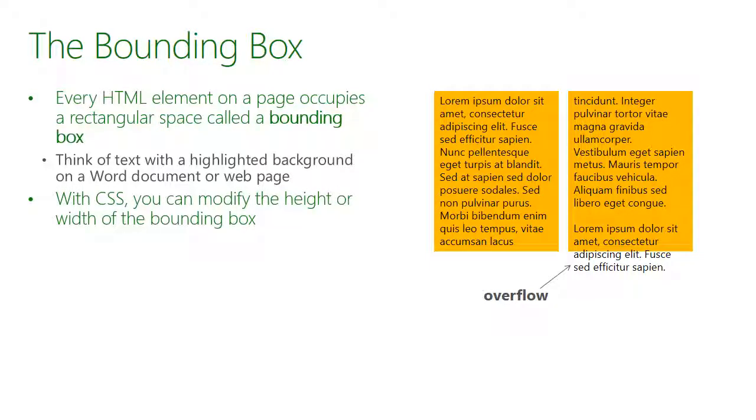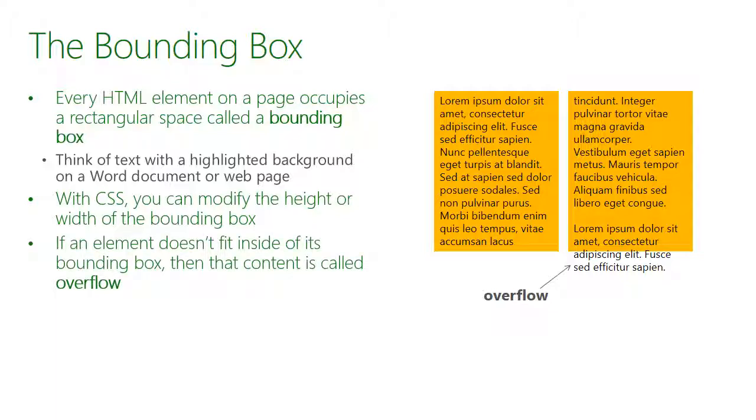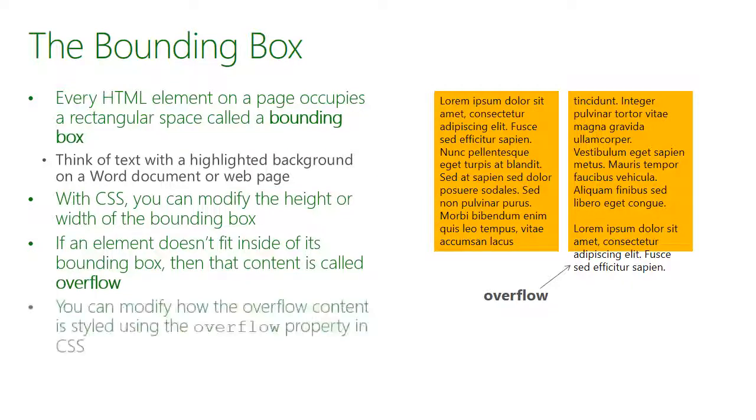With CSS, you can modify the height or the width of that bounding box. If an element doesn't fit inside of its bounding box, then that content is called overflow. You can see this on the image on the right hand side of the page. You can modify how the overflow content is styled using the overflow property in CSS.